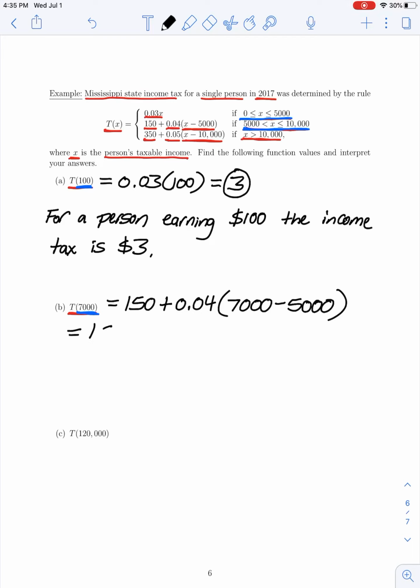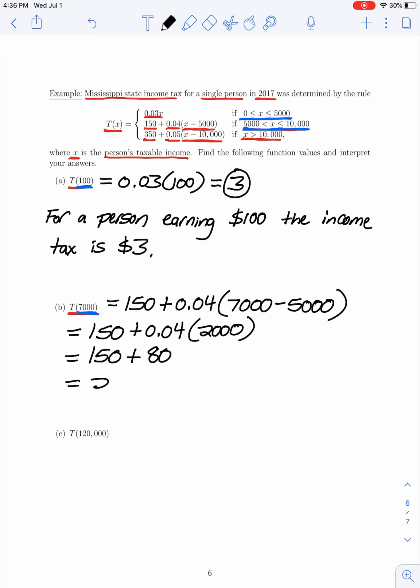So simplifying, we have 150 plus 0.04 times 7,000 minus 5,000, which is 2,000. So we then have 150 plus 0.04 times 2,000, which gives us 80.